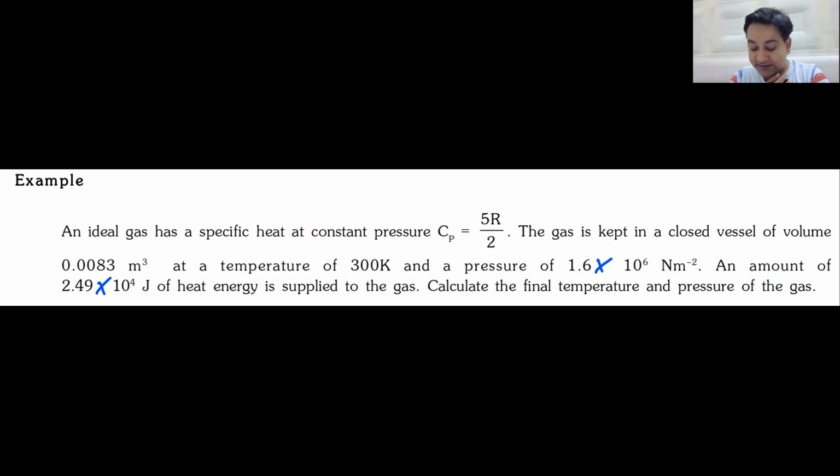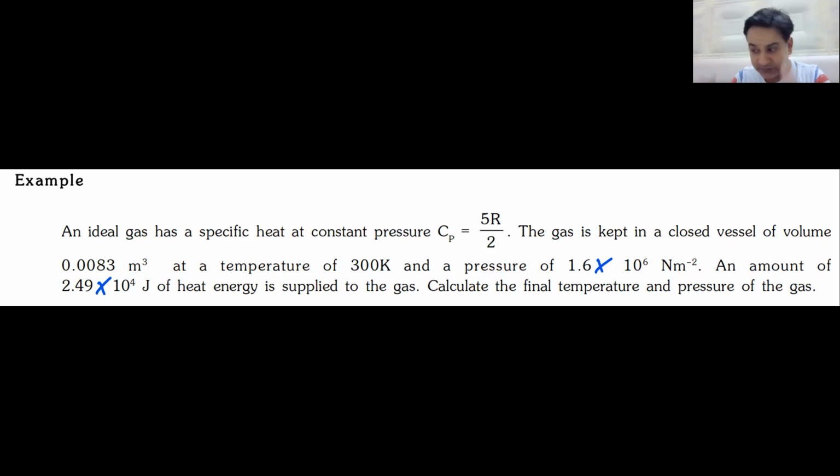So here is the question: an ideal gas has a specific heat at constant pressure, Cp, given. I hope you know how to get Cv from Cp. The gas is kept in a closed vessel of some volume at a temperature of 300 Kelvin, and a pressure is given. An amount of heat delta Q is given to the gas. Calculate the final temperature and pressure of the gas.